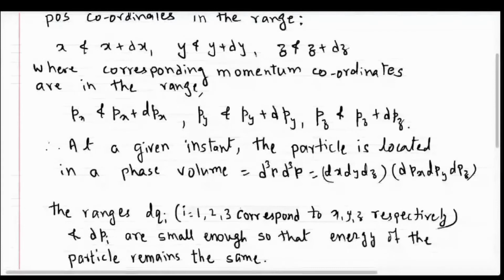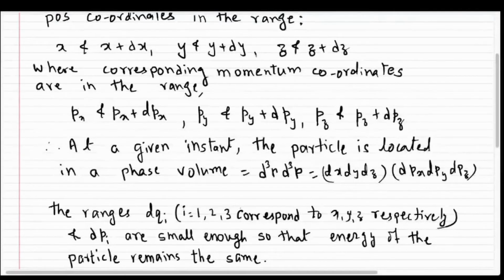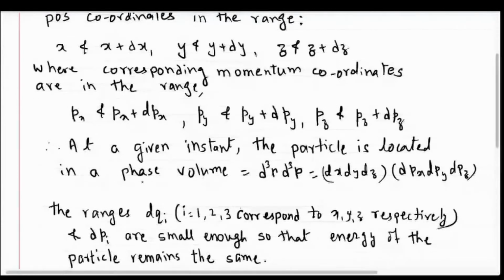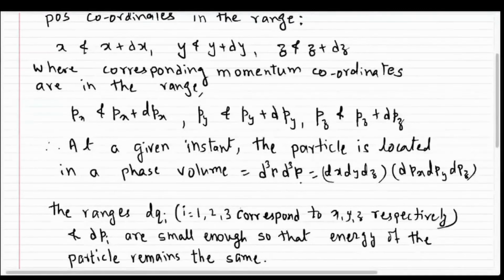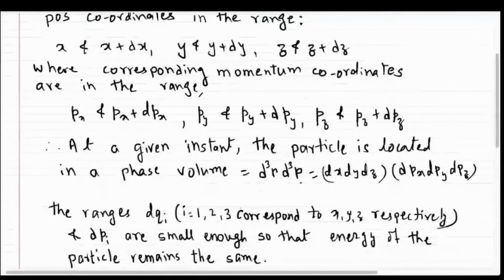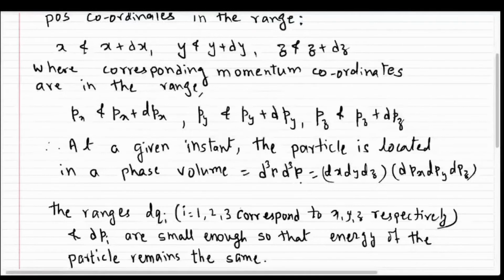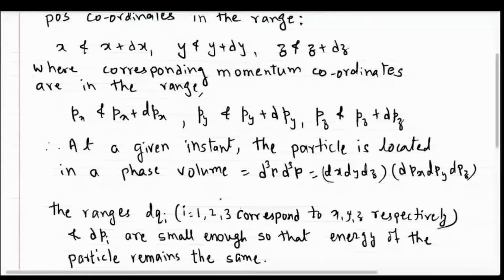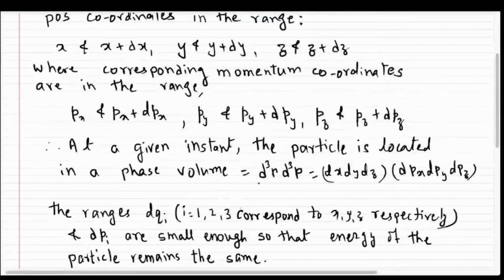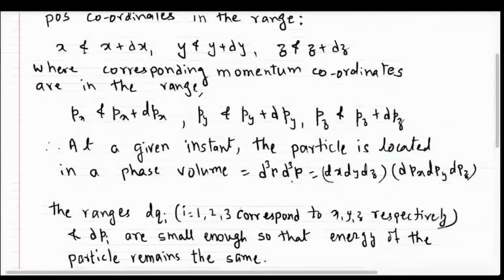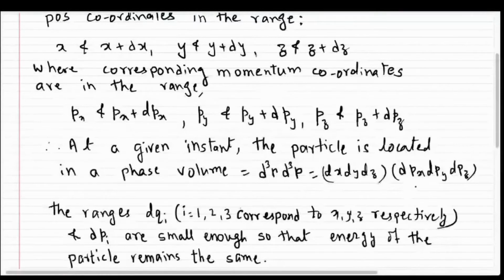That means at a given instant, the particle is located in a phase volume of d^3q d^3p. We cannot say that the particle at a given time is located at one specific place, but it can be anywhere in the volume within that phase space, which is given by d^3q d^3p, that is dx dy dz into dpx dpy dpz.